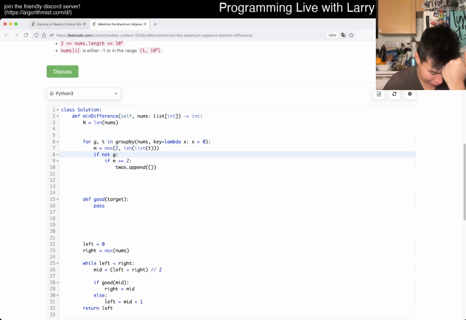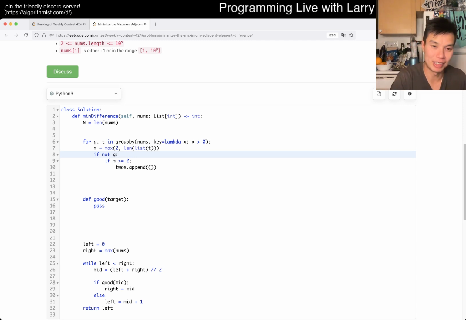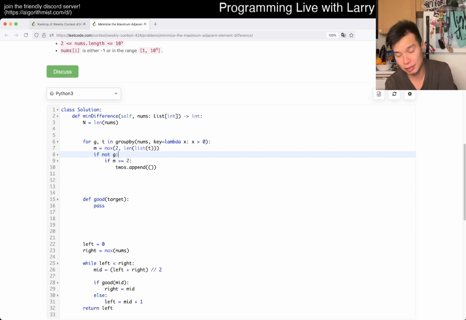Like, okay. Okay, so we look at the numbers and then we interval them, right? I don't have the concentration for this, honestly. Okay, so let's say we have interval.